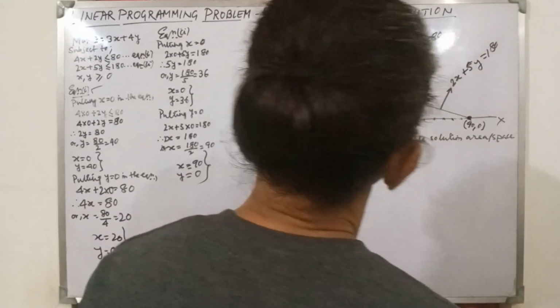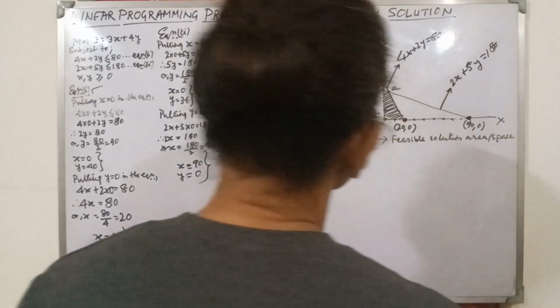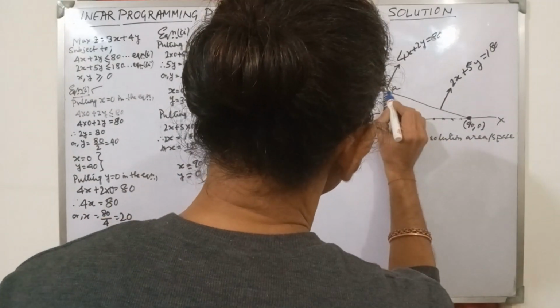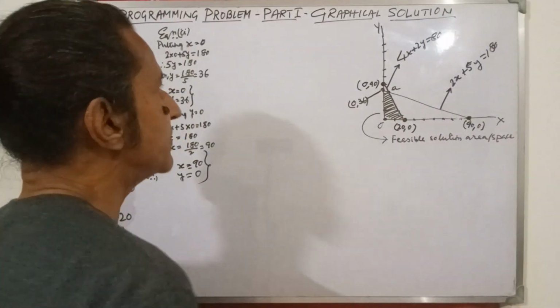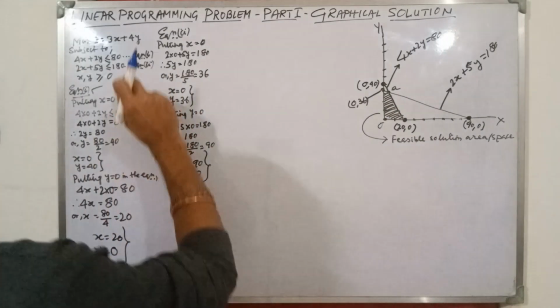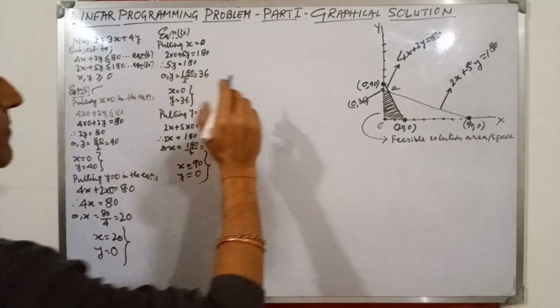So coordinates of this point and this point are known. So you have to find out the coordinate of point A. How? By simply solving these 2 constraints, that is simply solving 2 equations.